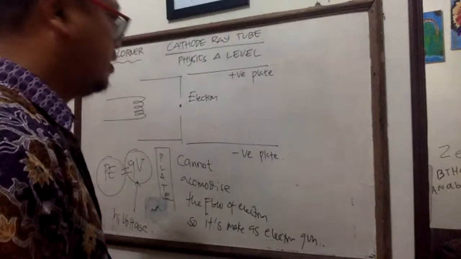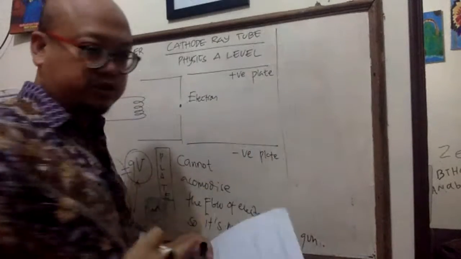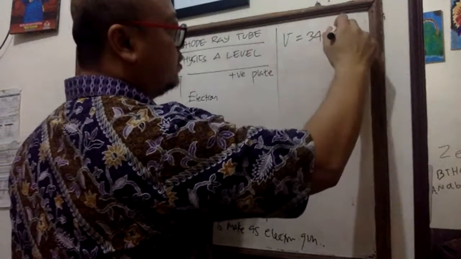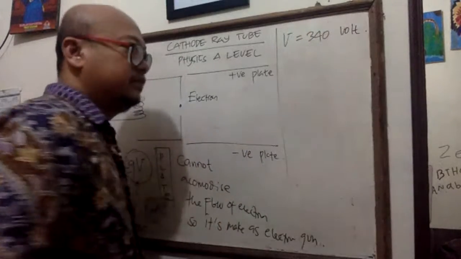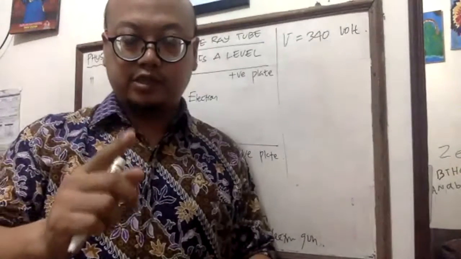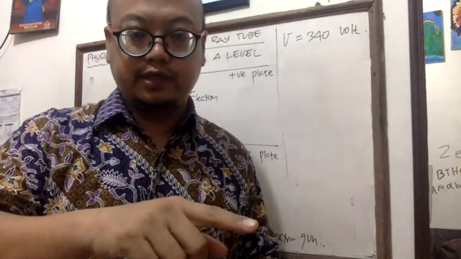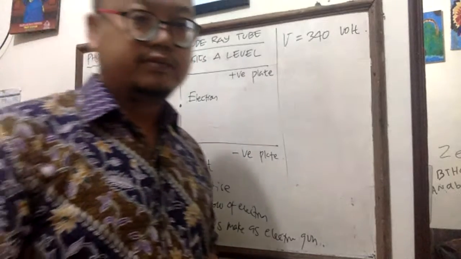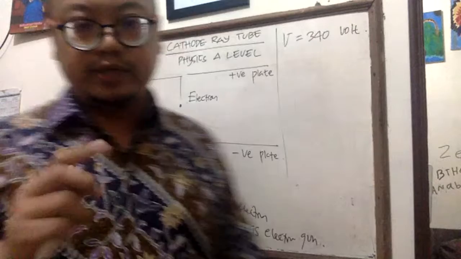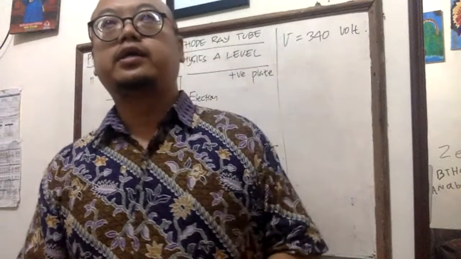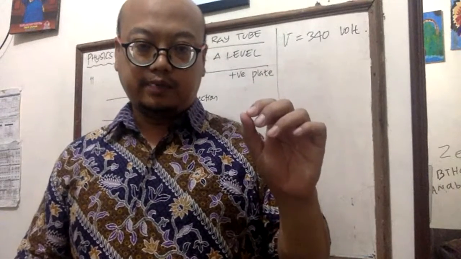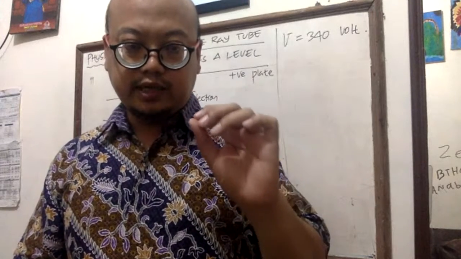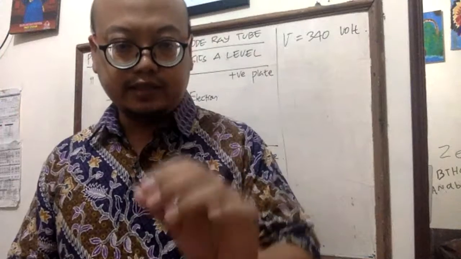It tells me about the potential, 340 volts. How fast do the electrons move if they are coming from rest? Actually, this is produced by the potential energy, and it makes the electron have kinetic energy.